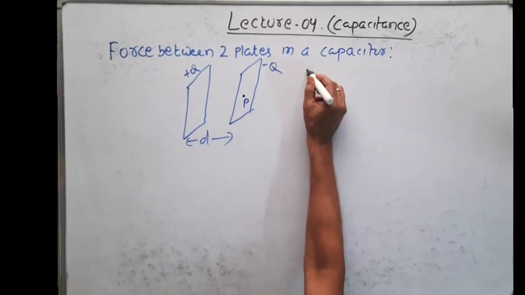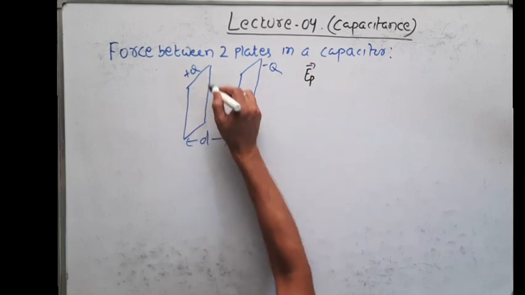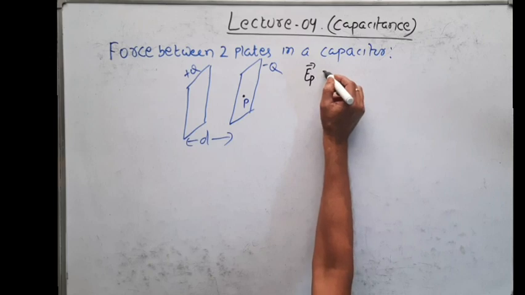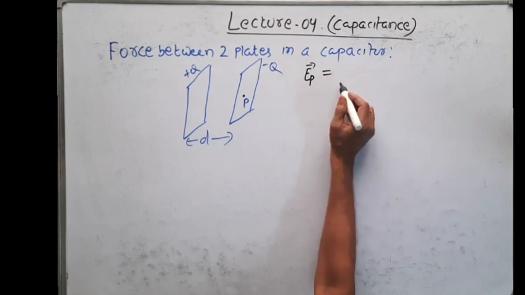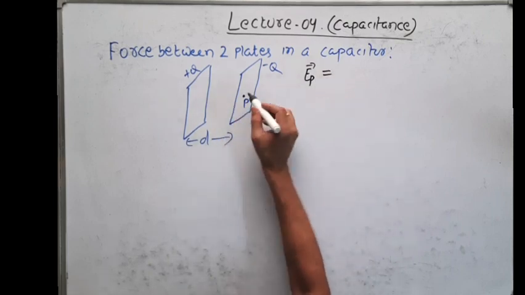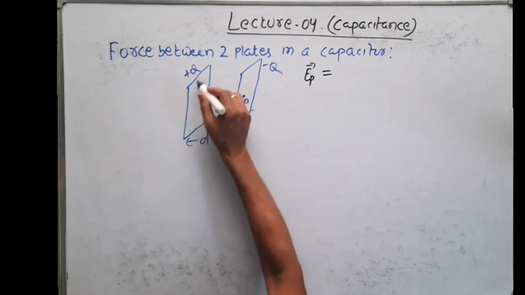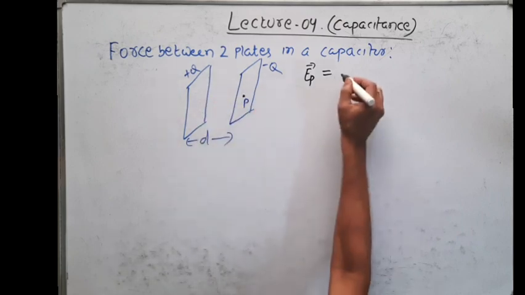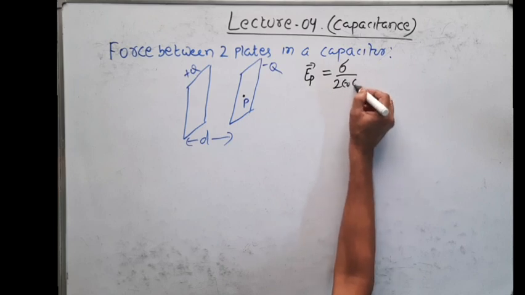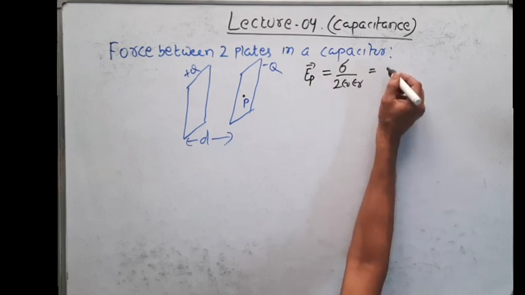At P point, what is the electric field intensity due to the first charge sheet? Using Gauss law, we had already proved that electric field intensity at any point due to a charge sheet is equal to sigma by 2 epsilon naught epsilon r. Sigma is charge per unit area.